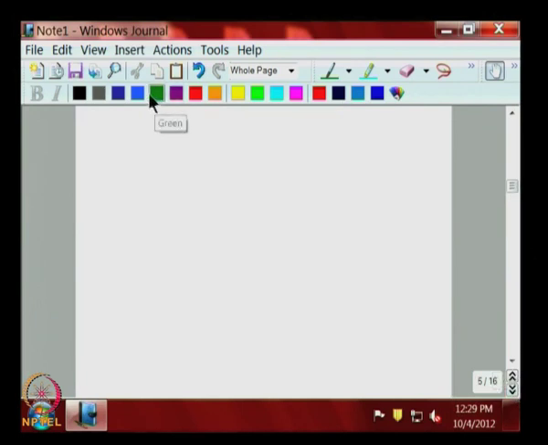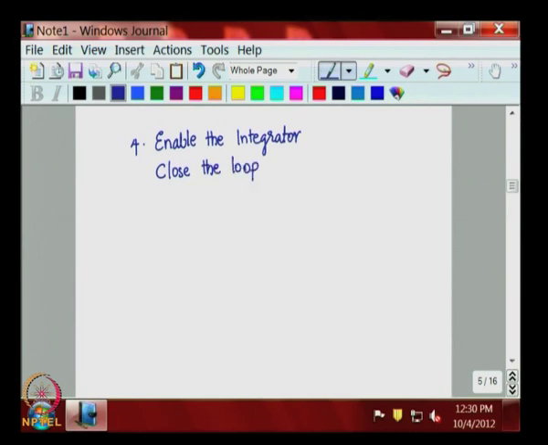Next, so after that, enable again, bring back, enable the integrator, close the loop, make K p equal to 0, K I equal to a very low value.